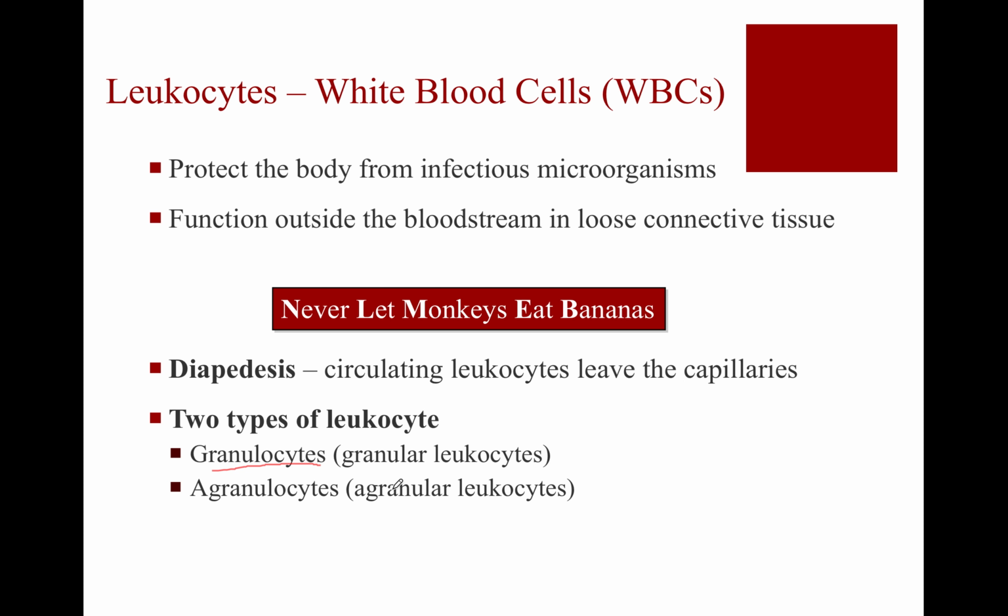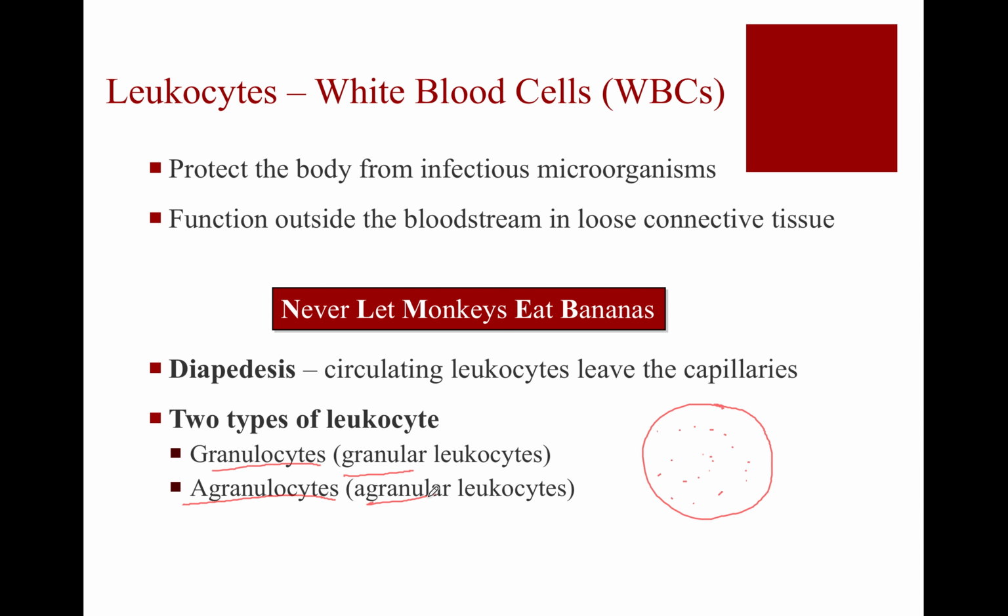Granulocytes are the ones that carry granular structures inside. So if I take a cell, what I would see is a bunch of dots that represent granules, which are basically vesicles. If you do have very visible granules inside the cells, we refer to those as granulocytes. And if those granules are not visible to us or are absent, they are considered to be agranular leukocytes.